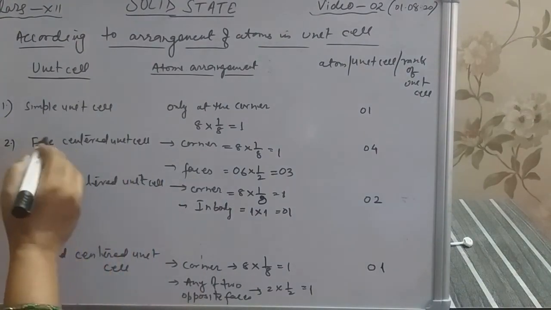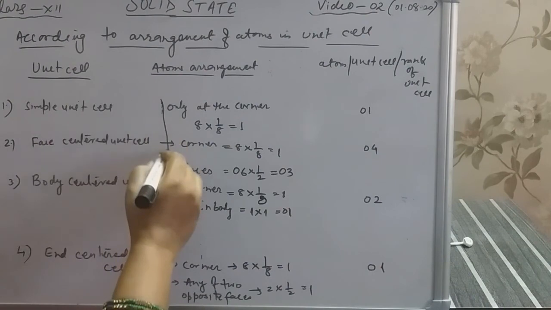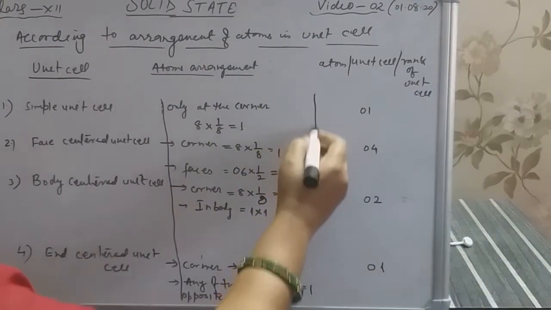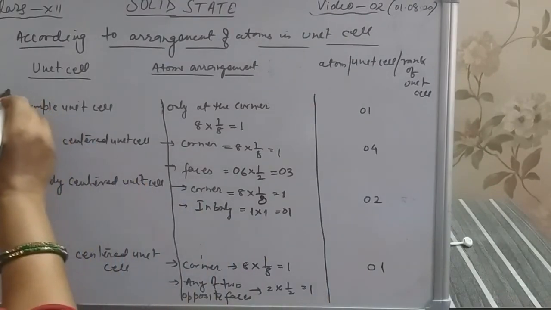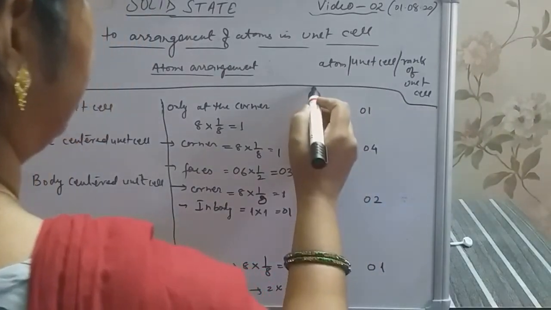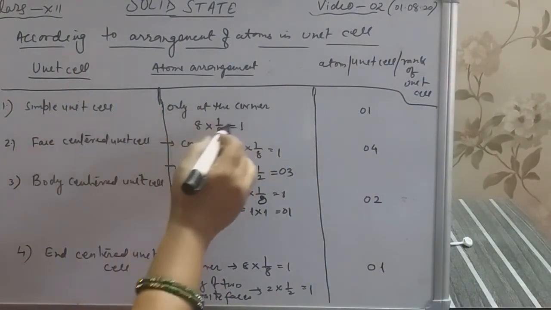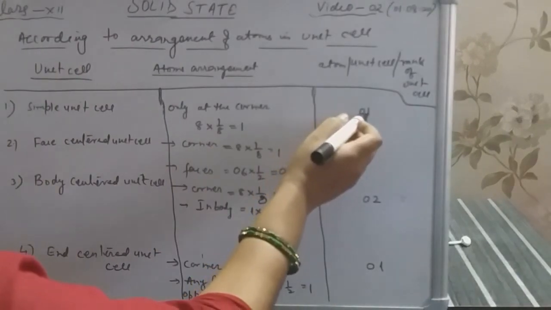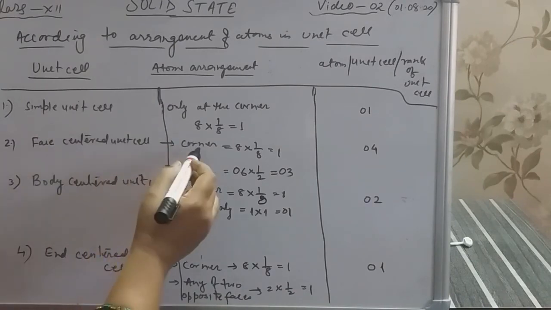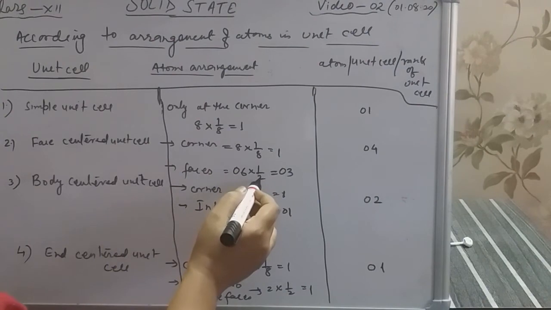So in this way you can easily memorize. Simple unit cell: atoms are present only at the corner, so the atoms per unit cell in this type is only one. FCC: atoms are present at the corner as well as the faces, total 6 faces, and the contribution of an atom is half.